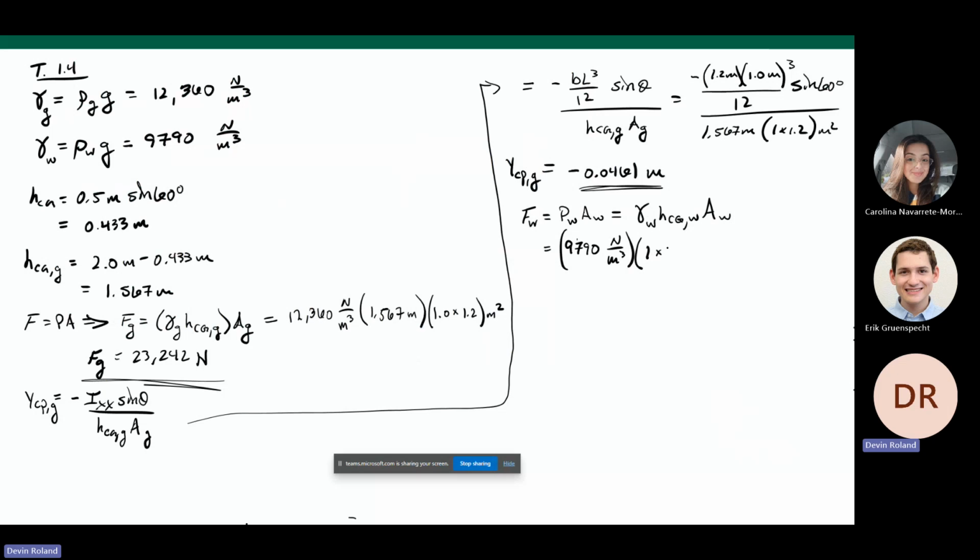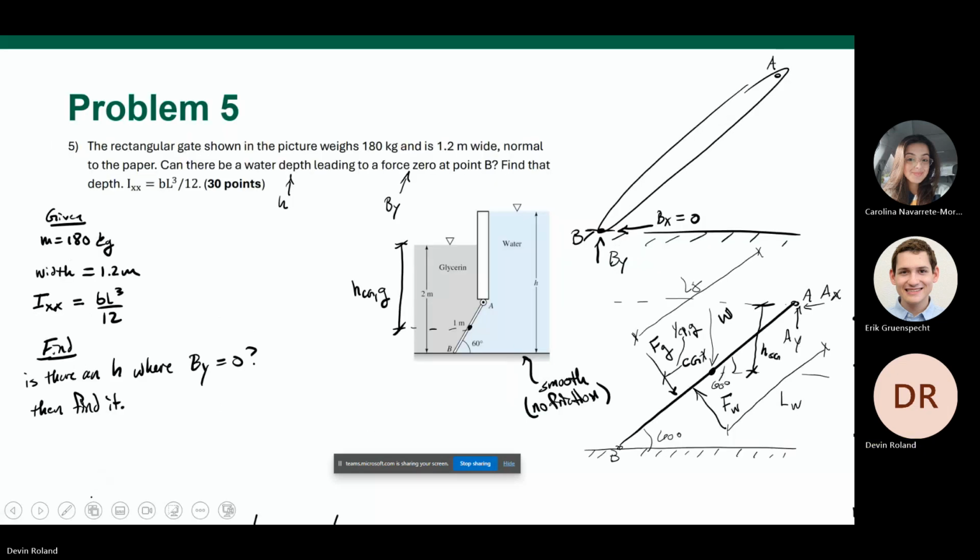The area is 1 times 1.2 meters squared. And then we have this HCG of water, which is our unknown. Because we're looking for the total height of the water, and this HCG water is a part of that total height, we're going to leave that unknown. To give some reference, this distance here is HCG water. So we have to find that, and then we'll use that to find the total H value.